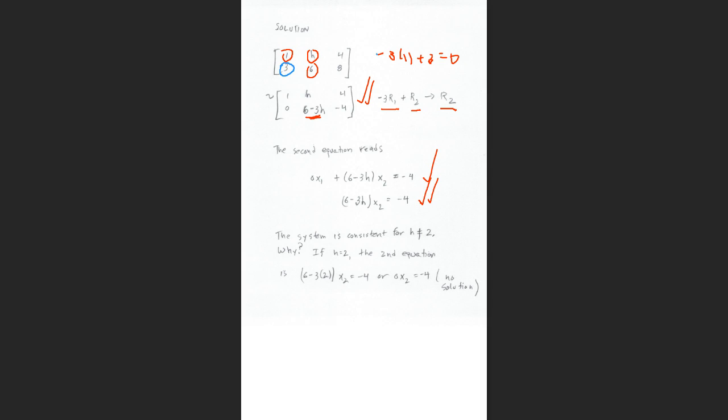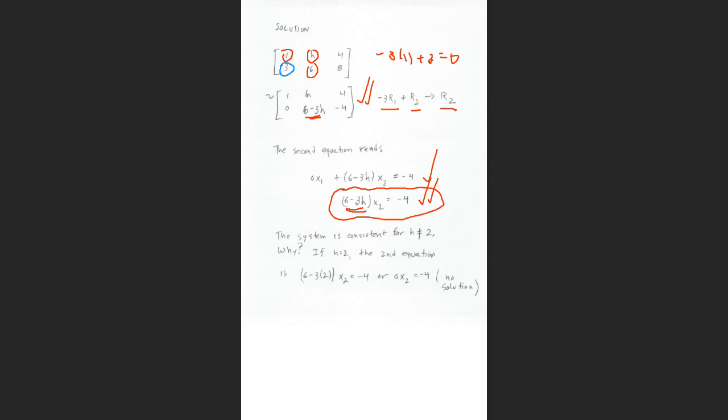What can 6 minus 3h not be equal to? If we're going to have a consistent system, 6 minus 3h could not be equal to, well, you can't have this last equation here.